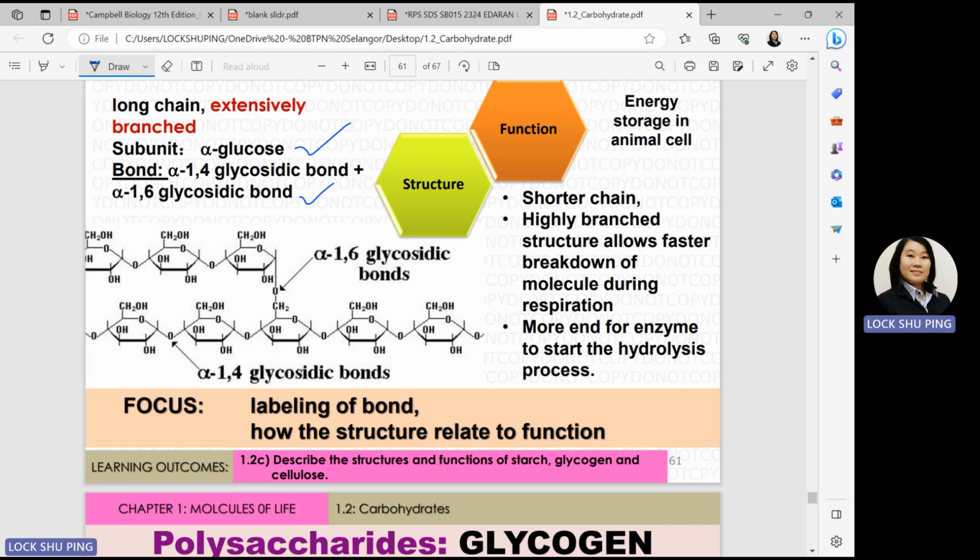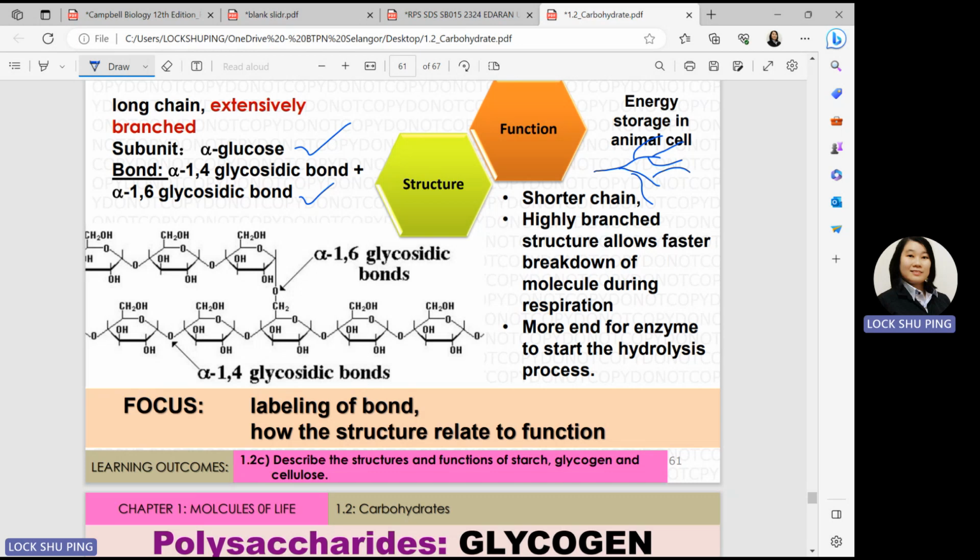The chain goes into a branch very fast. So the surface area for the enzyme to break down the branches is larger and the process is faster. They are more readily broken down by the enzyme so that they can release the glucose faster to enter cellular respiration and produce the energy in the form of ATP.